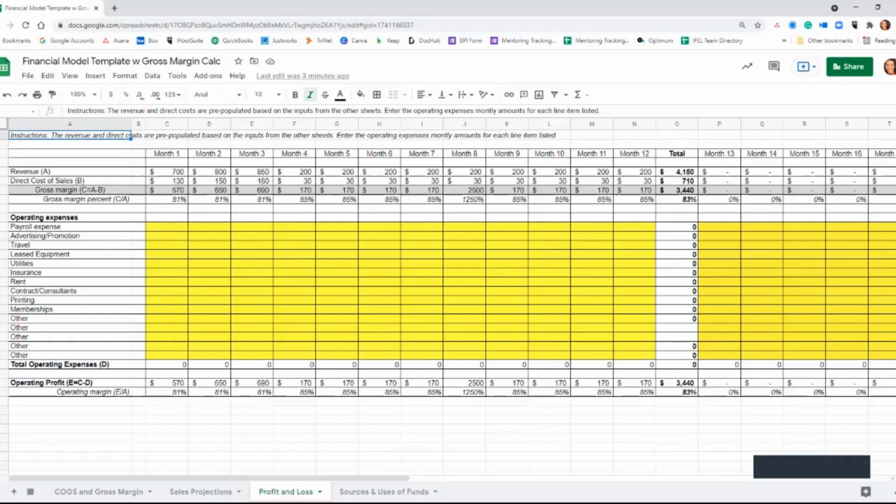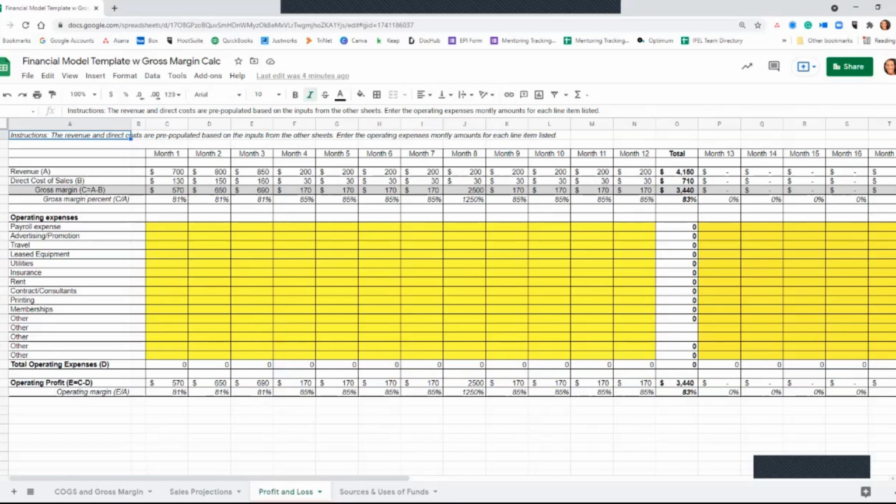So walk them through this sheet, these yellow cells, and help them to think about all the things that are required as far as their operating expenses. And just explain these calculations. We have it pretty easy here, this line is A minus B. Again, we want to help them to just get comfortable with these calculations and what they are.